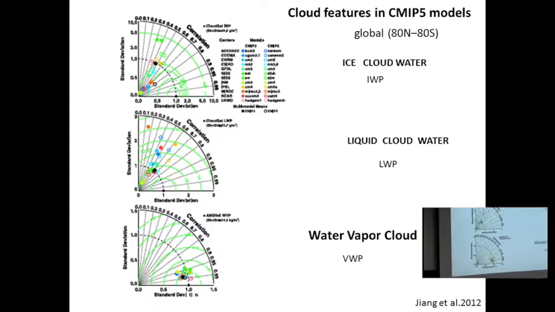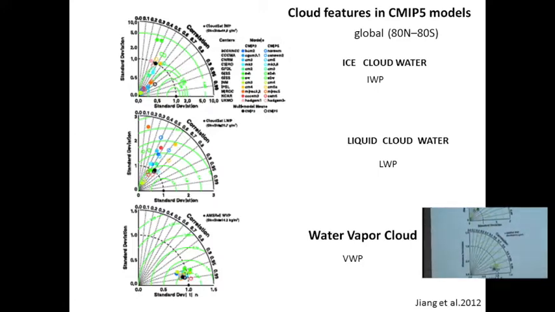And here is the CMIP3, and CMIP5 is this circle that's not filled. Okay, so if we look at the three of them, which one do you think is better represented by the models? The ice, the liquid, or the water vapor?